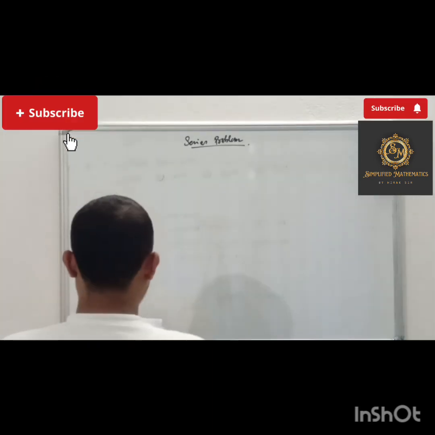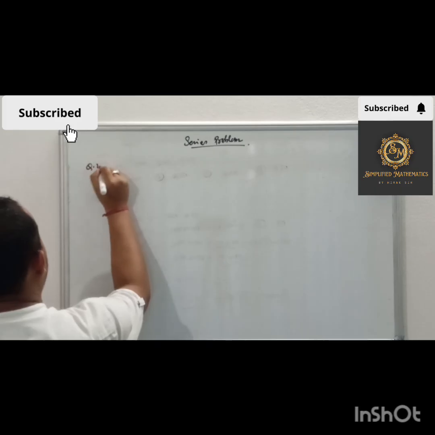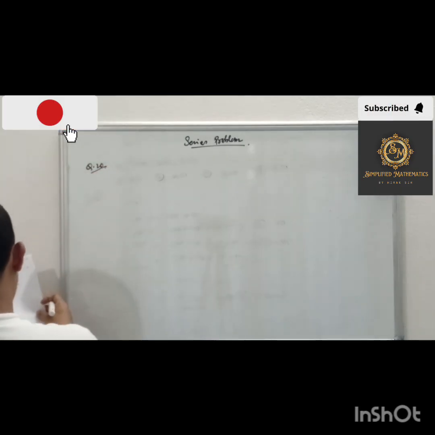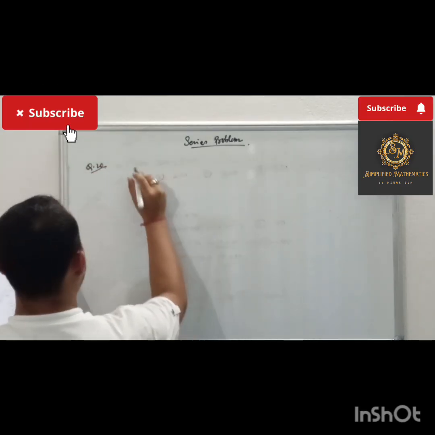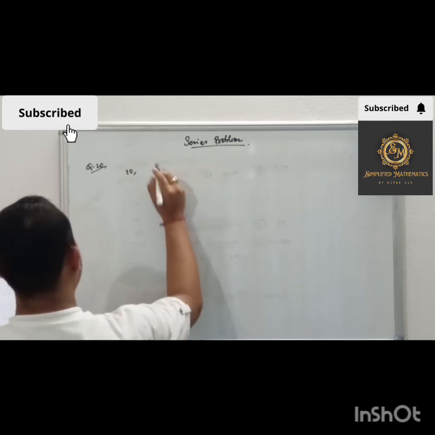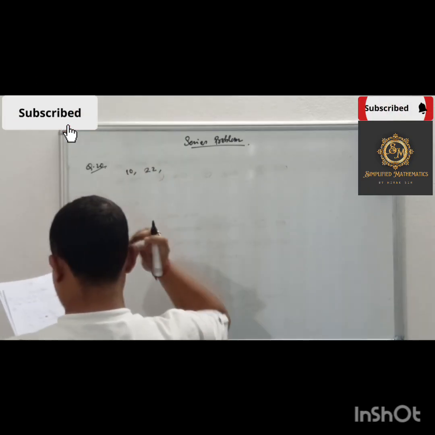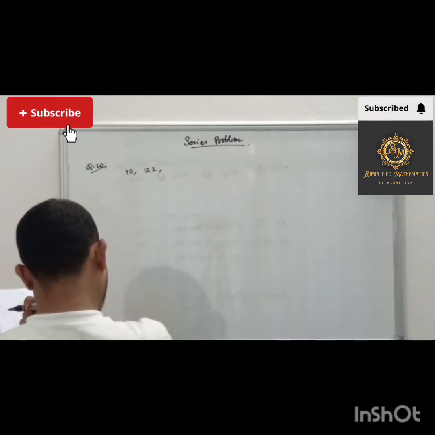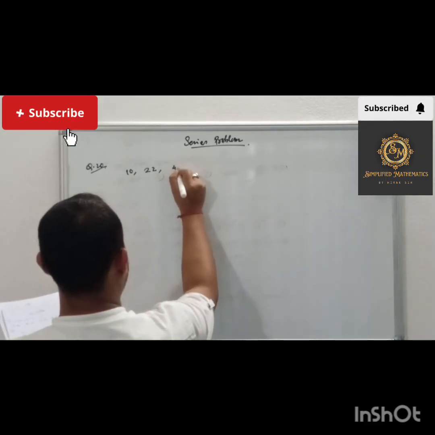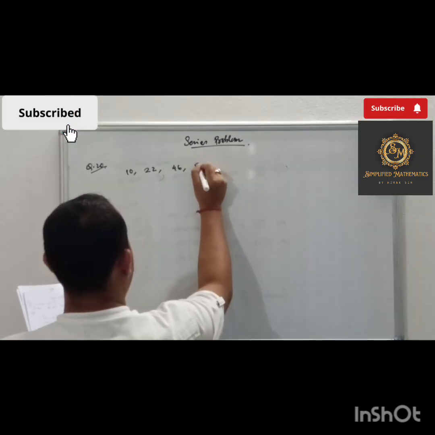So suppose some question like this: we have 10, 22, 46, 94.